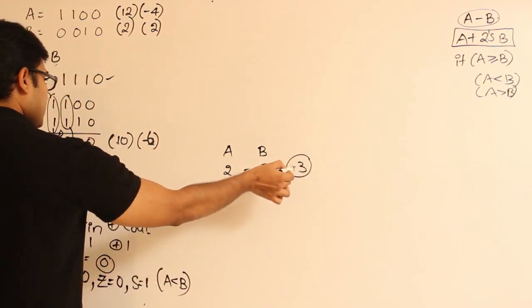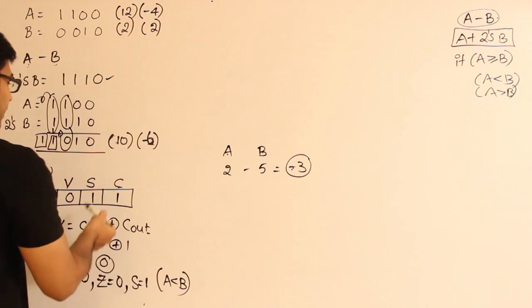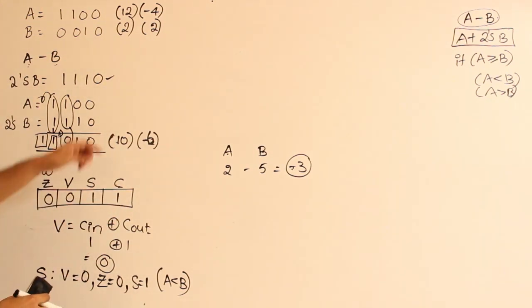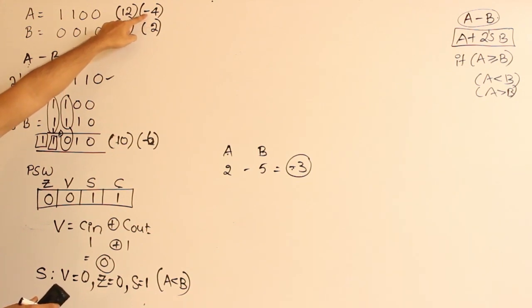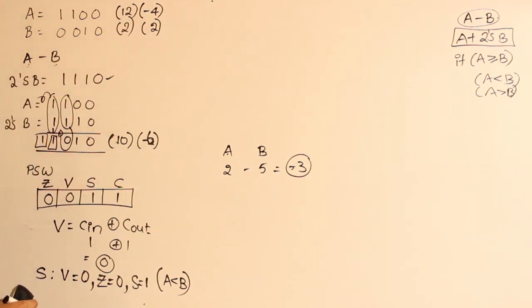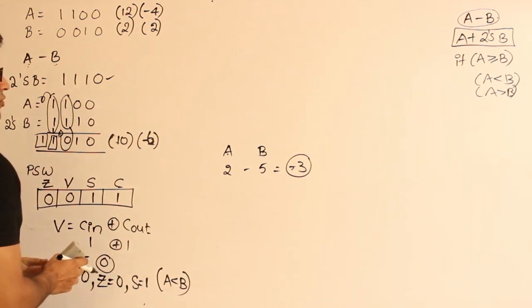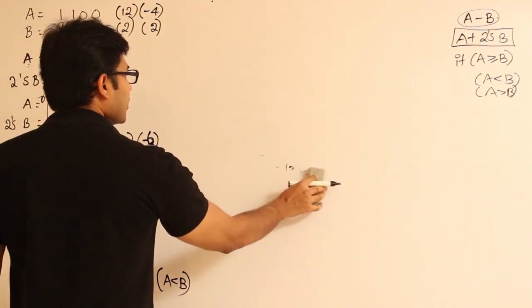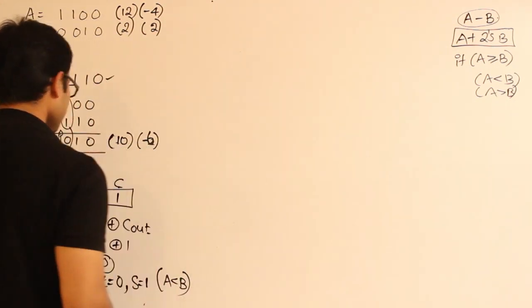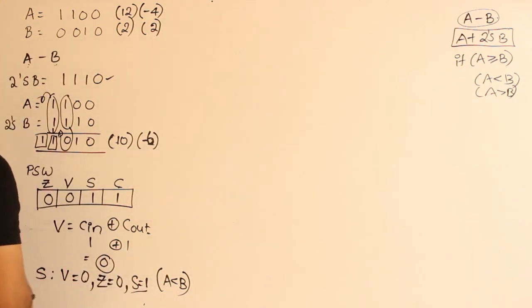Whenever the sign of the result is negative, we can declare that a is less than b. That is what has happened here. A is minus 4 and b is 2, because I am thinking of them as signed numbers. That is why I got this. Minus 6 is nothing but a negative number, and so we can say that a is less than b. Therefore, in case of signed numbers, always remember we are going to use the sign flag. This is the main factor which will decide the result.